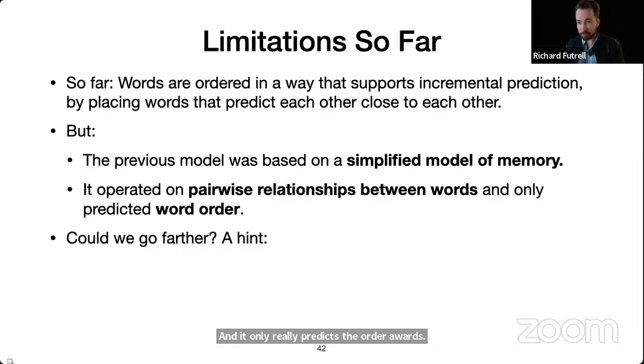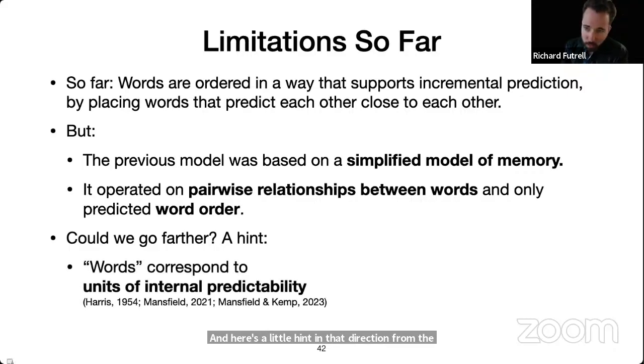I think this idea of information locality is actually much more powerful than just a theory of word order. I think it actually can predict many more fundamental things. And here's a little hint in that direction from the literature. So what even is a word? It's actually not clear what a word is as a category across languages. But one thing it might correspond to is that words seem to correspond to units of internal predictability. This is an interesting observation made by Mansfield.